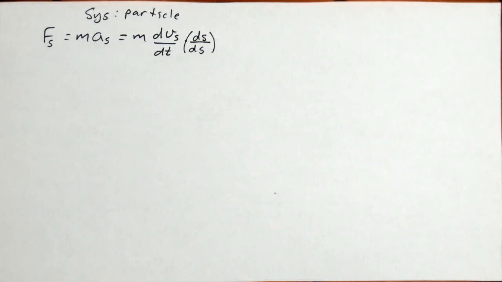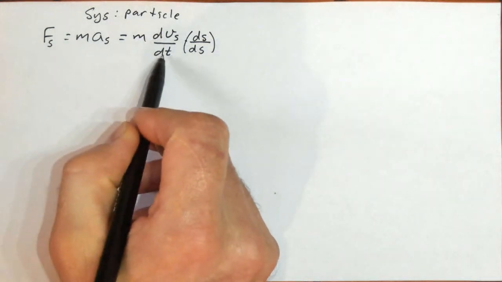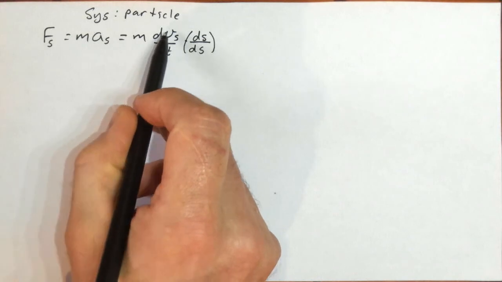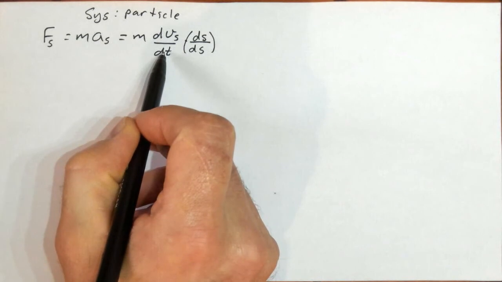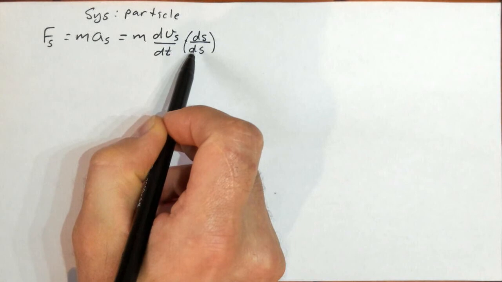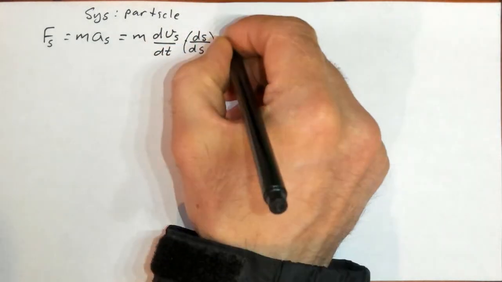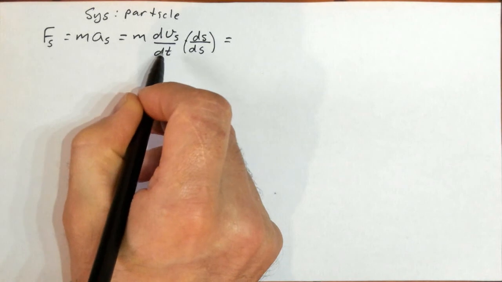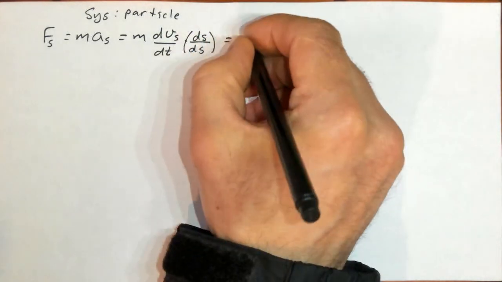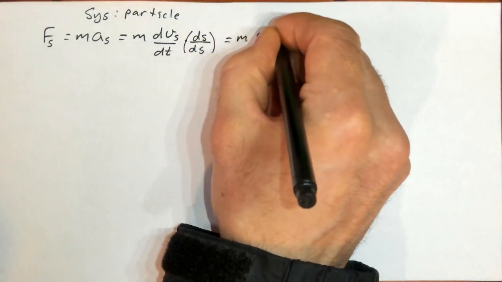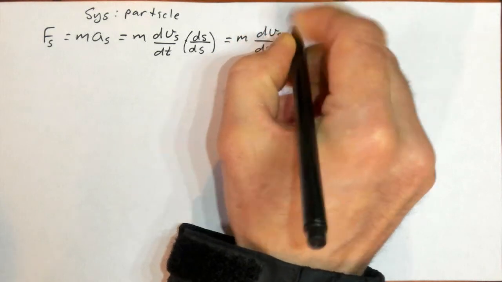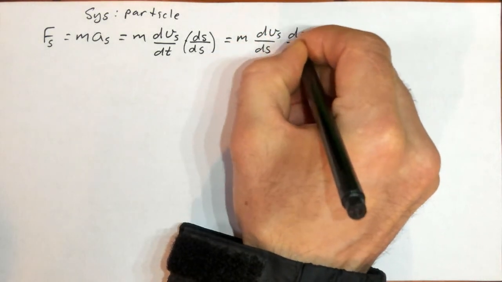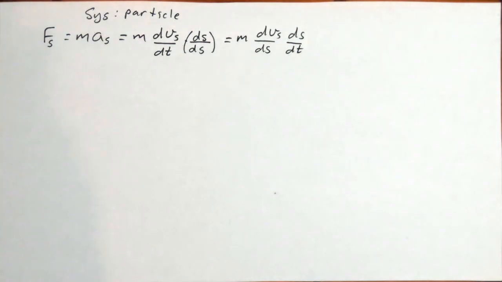This is the beauty of thinking about derivatives physically. These are just really small changes, so this is a small change over a small change. I can rewrite those fractions and swap those denominators, since they're just two numbers. And so I have m dv_s over ds times ds over dt.